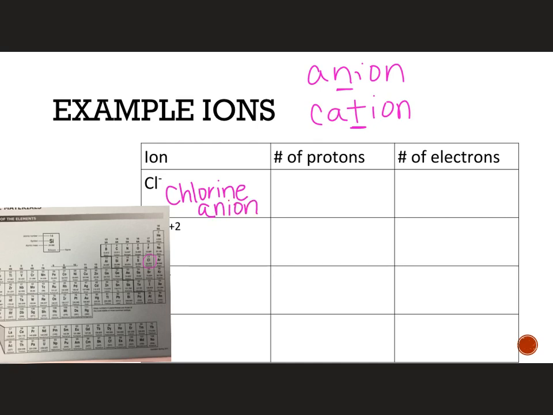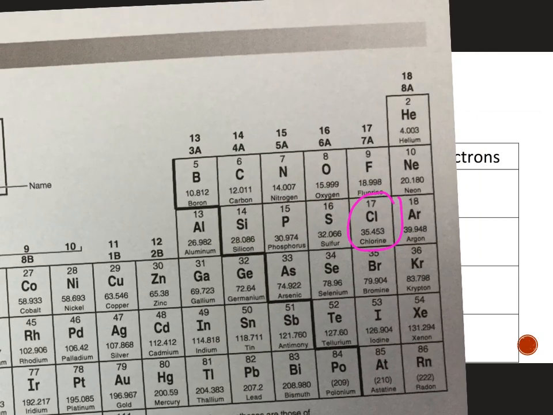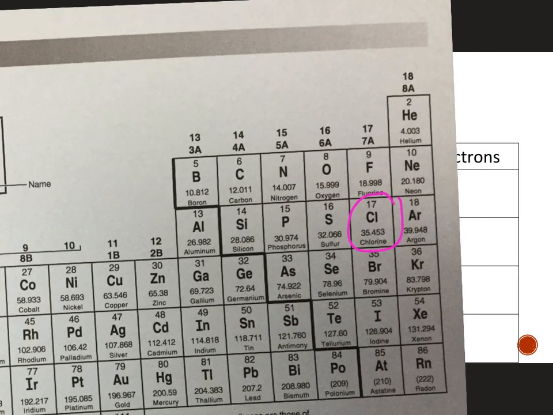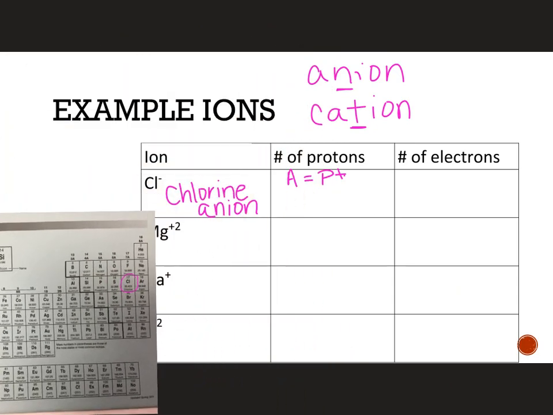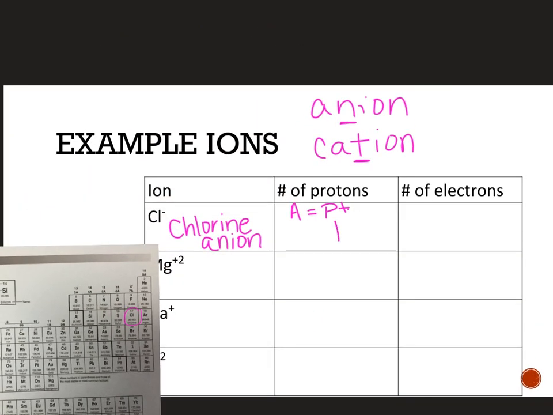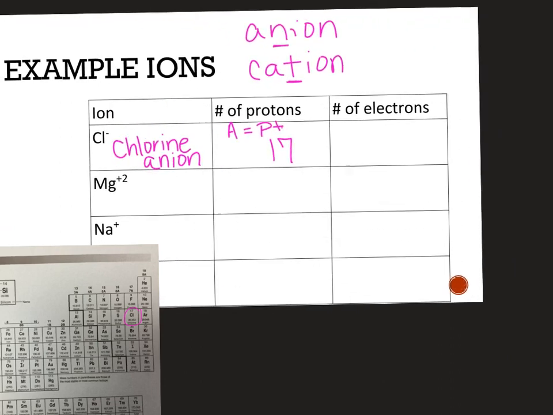Okay? So your number of protons is going to be your atomic number. So chlorine, if we zoom back in again, has an atomic number of 17. So we're going to go ahead and write 17 protons. Number of electrons. So if this is an anion and it has a -1 charge, what we're asking ourselves is, okay, so if I have 17 protons, I need it to be more negative.